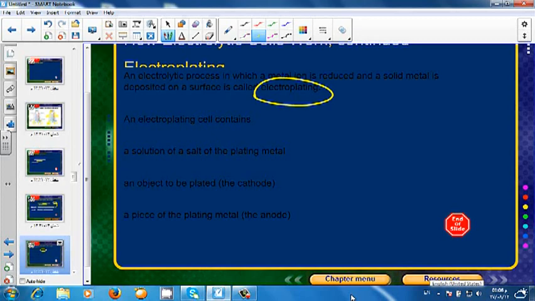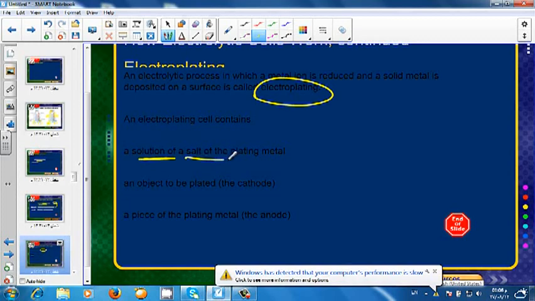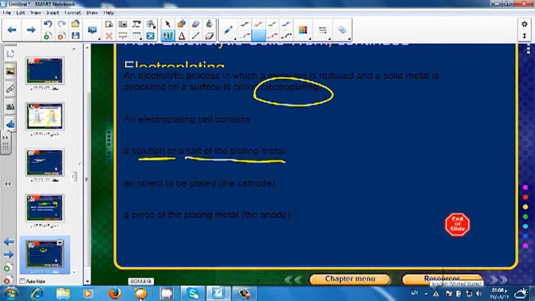So an electroplating cell contains, number one, a solution of a salt of the plating metal. For example, if I want to cover a spoon with platinum, I have to provide a solution of platinum.